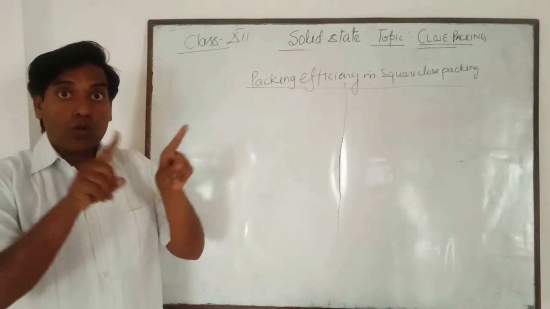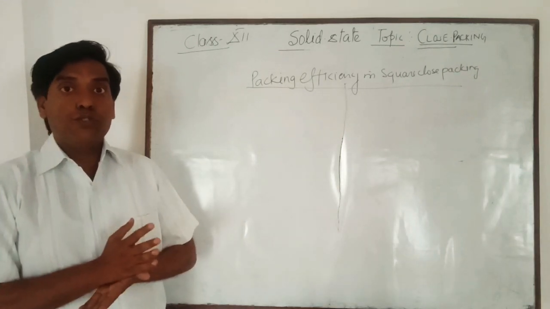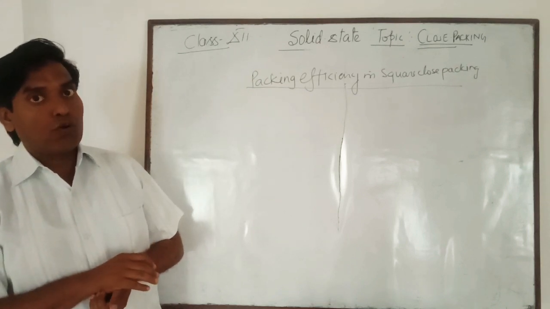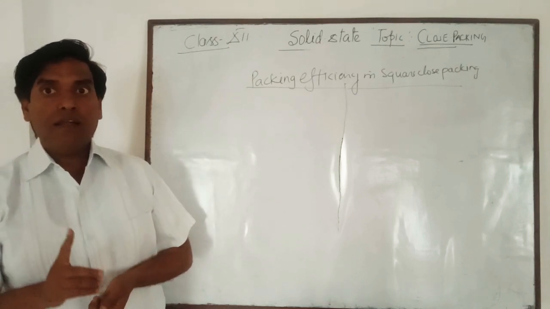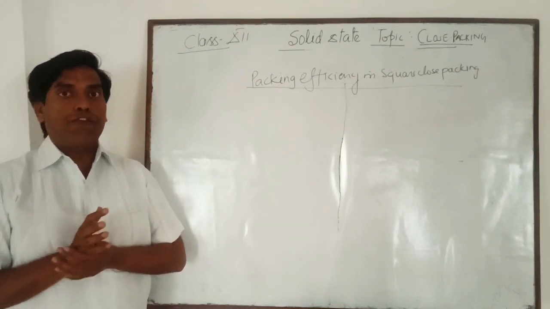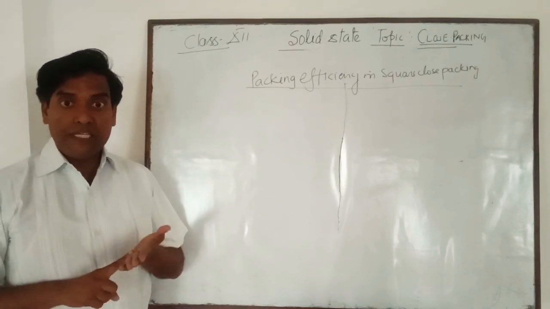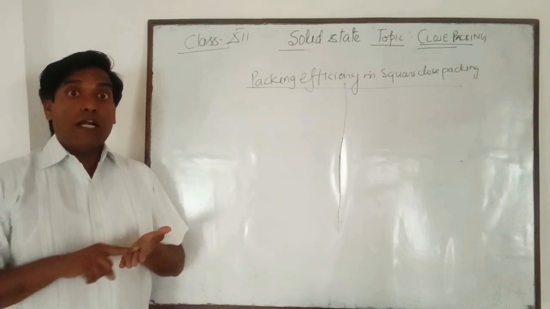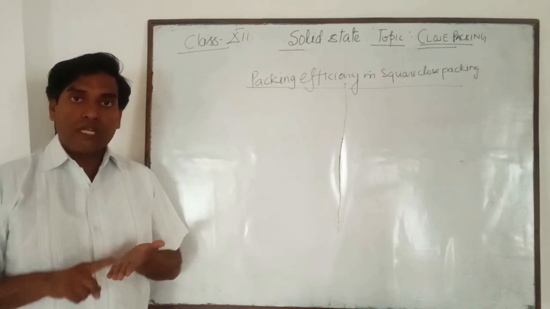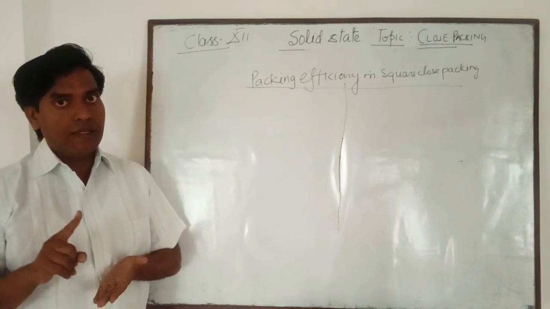It means only 74% of the total volume or area of the unit cell is covered by the constituent particles, and the rest is vacant. If the packing efficiency is 94%, it means 94% of the total area or volume is occupied by the constituent particles.